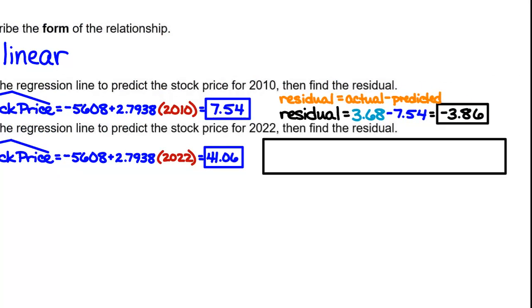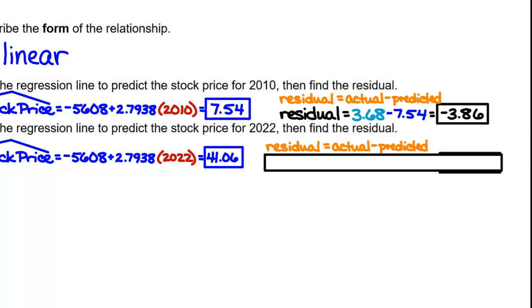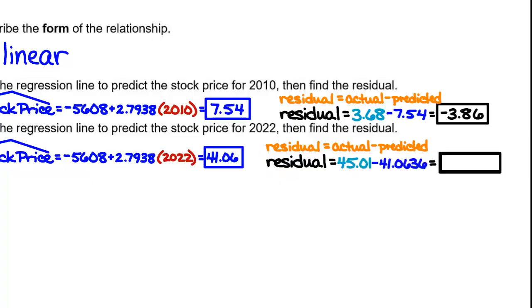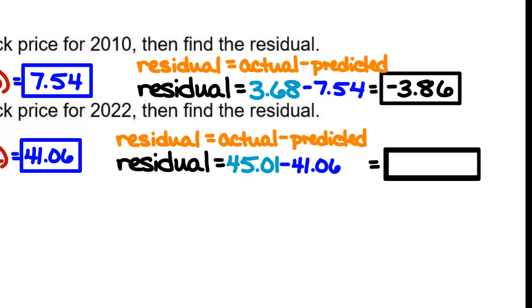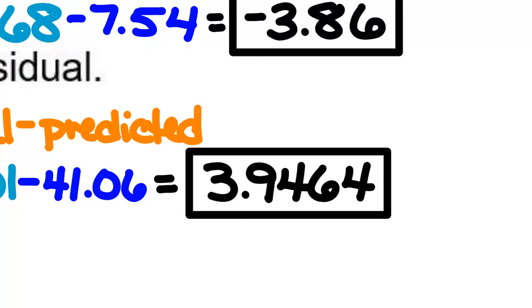And so then to calculate the residual there, the actual minus the predicted, what was the actual in 2022? 45.01 minus 41.06 would give us a residual of what? 3.95. Nice.